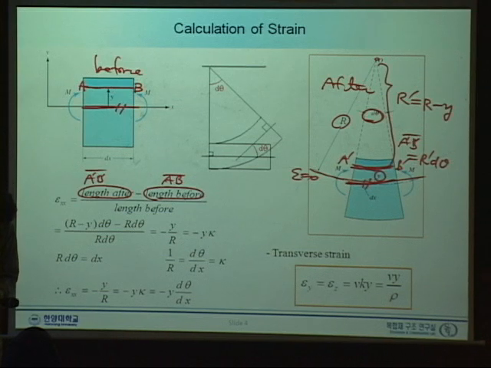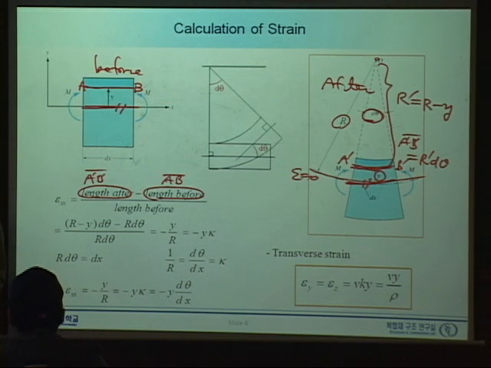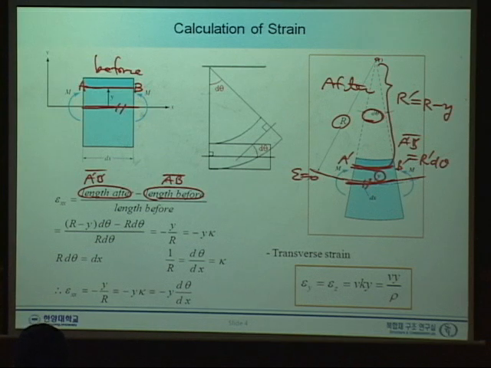Okay, so A prime B prime is the length after deformation, and that's why we have R minus Y times d theta.